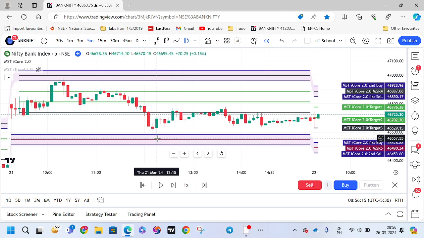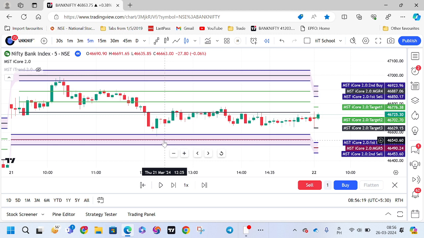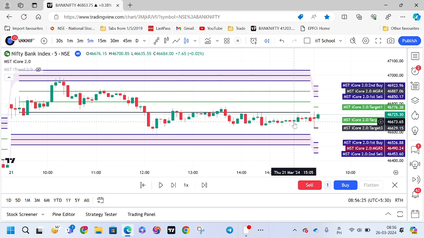See this accuracy, from top to bottom exactly it has caught, and after that it did not break our zone. It has given the reversal, and again it has given the 3 targets. So this is how our indicator is working consistently in all the markets, in all the scripts.